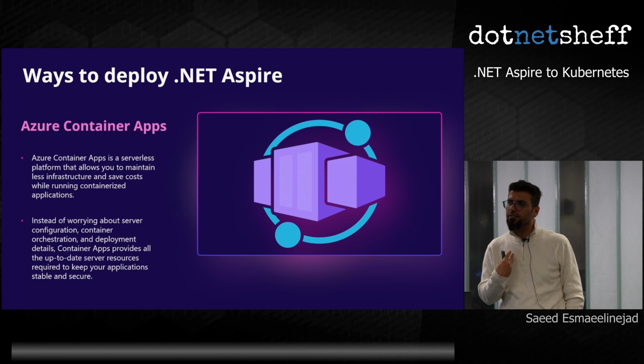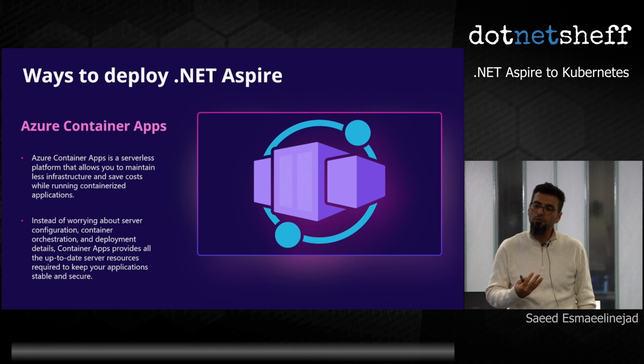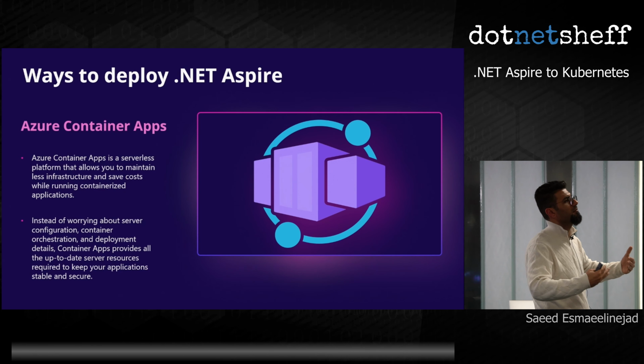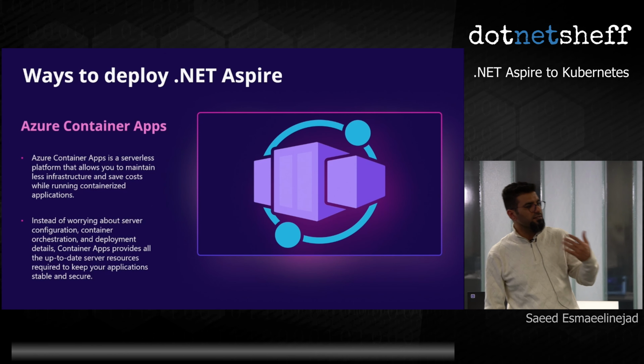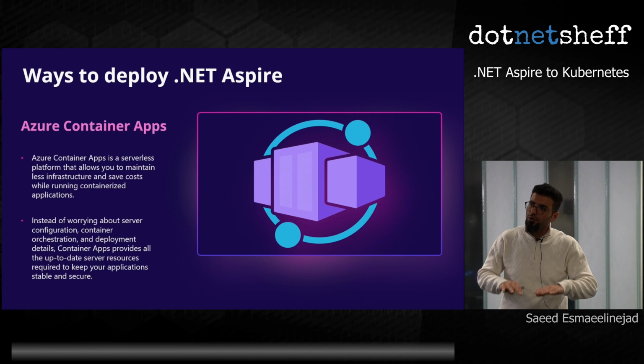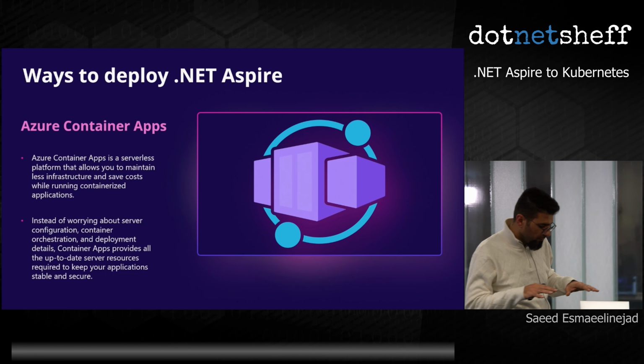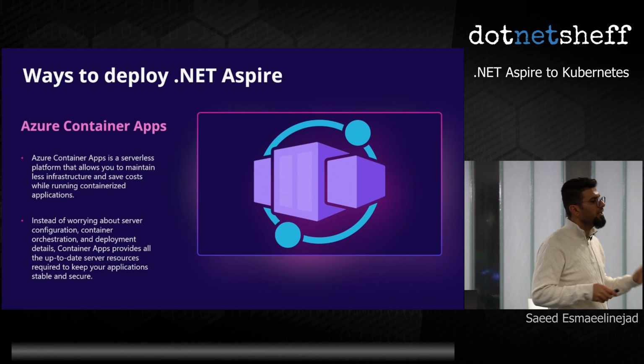I'm not a Kubernetes expert, but I know that if you have a large scale application, there are tons of configuration that you can set to make it more reliable and also more cost efficient, but it's really difficult.